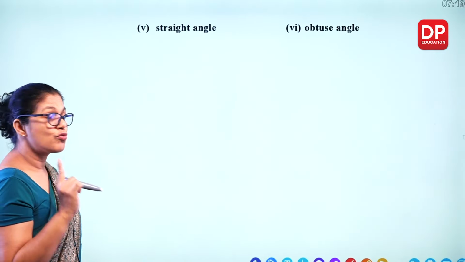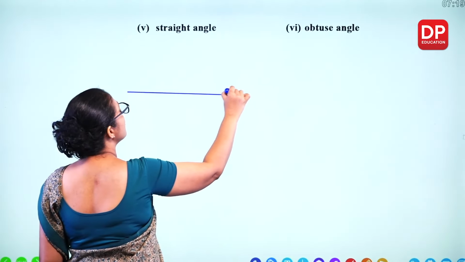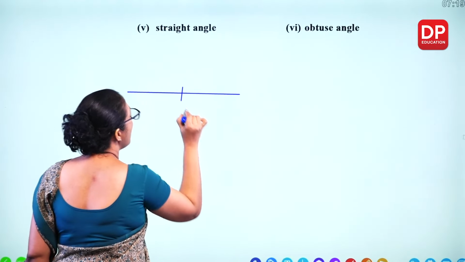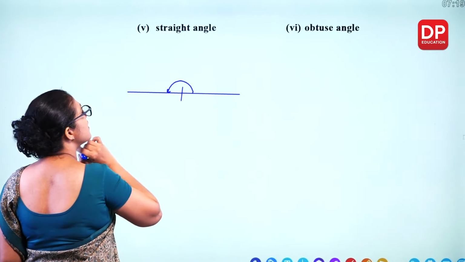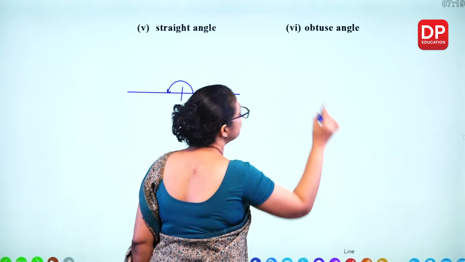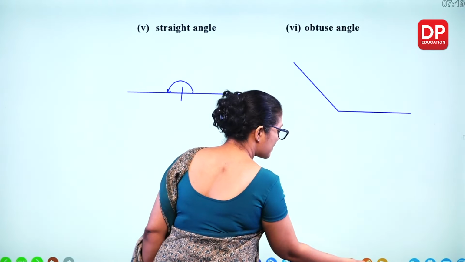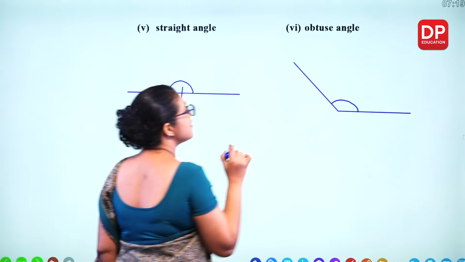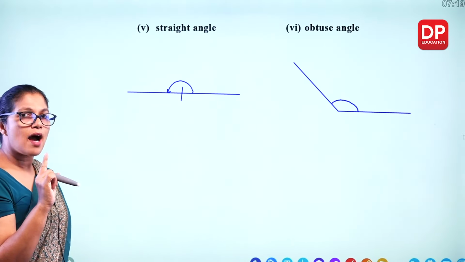Straight angle, two right angles. So that's a straight line. So you can draw a straight line and mark this angle as a straight angle. Obtuse angle, you can draw two lines like this and mark this angle. More than one right angle and less than half of a circle.